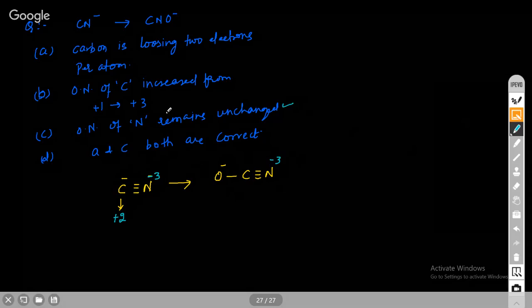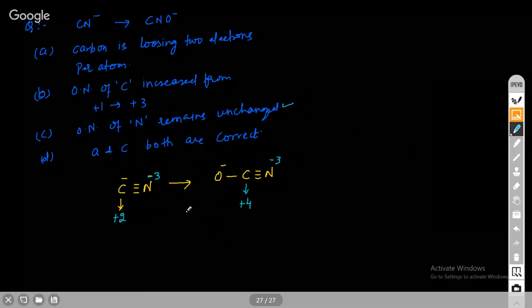Okay, and C is also there in option D, so we'll check option A also whether it is right or wrong. You see here the oxidation number of carbon: -3 this side, so +3, -1 this side, so +1. So carbon here is at +4. So oxidation number of carbon is increasing from +2 to +4.